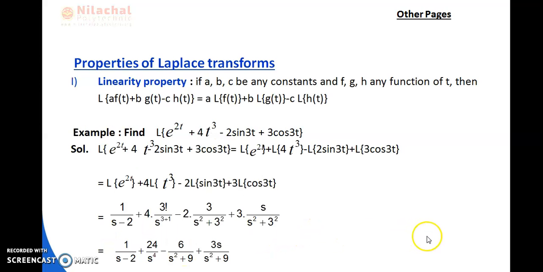Okay, so then there are some properties of this Laplace transform. The first property is named the linearity property.